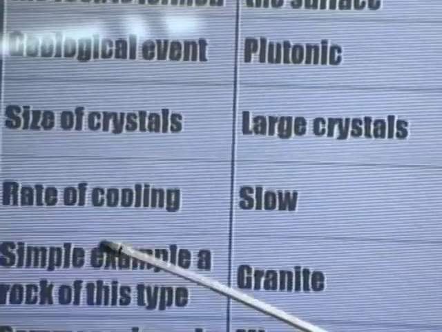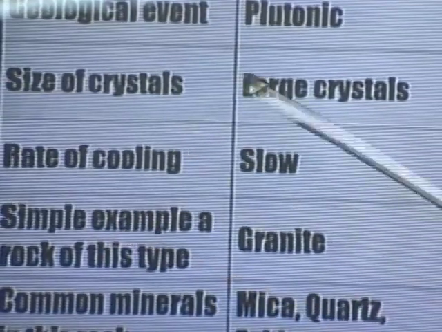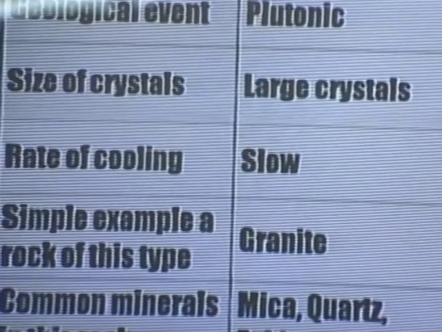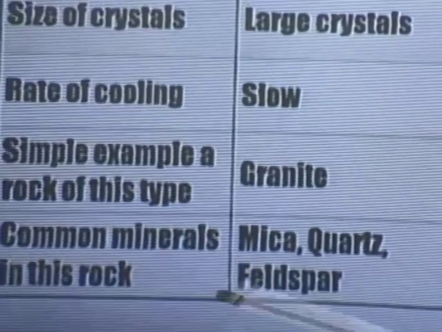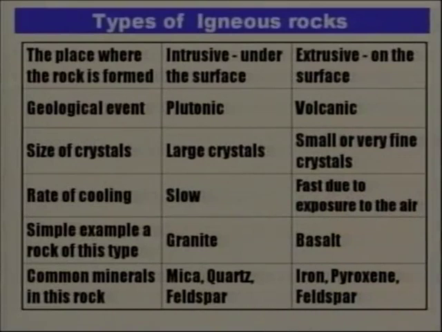It also gives you a simple example of a type of rock for the first grouping and then the second grouping. And it also gives you the common minerals which are found in those simple examples. Let's look at that information stage by stage and see if we can understand what is being presented there.